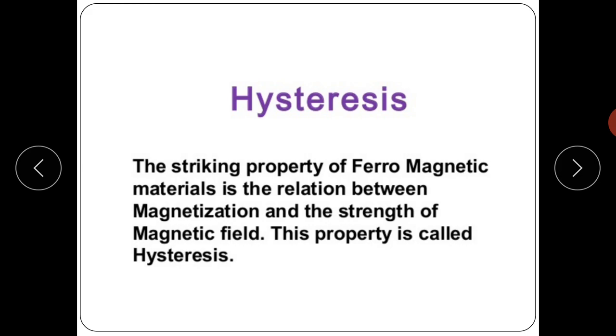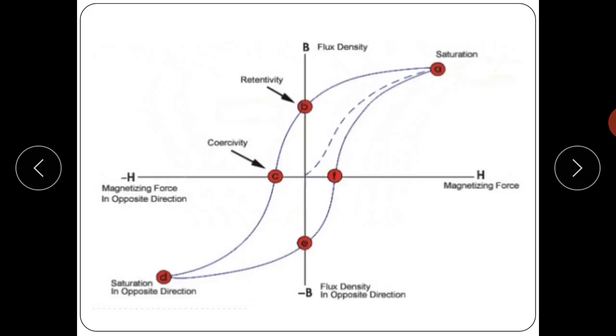Suppose this is the diagram, with point O and point C. This OC is the residual force, not the coercive force. It is also called residual force, OC, and the coercive force is OD. This point is called the residual flux density, and OD is the coercive force.